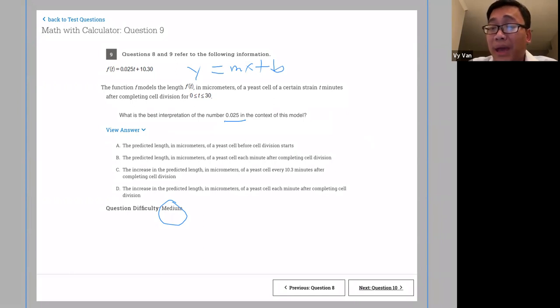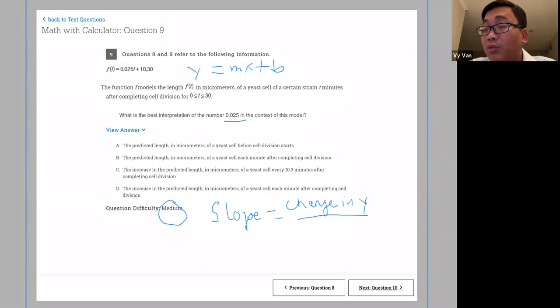So back in Algebra 1, the definition of the slope is change in y over unit change in x.